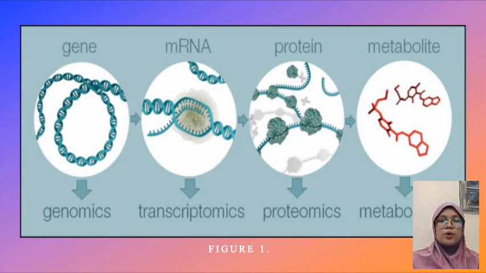Metabolomics is a powerful approach because metabolites and their concentrations, unlike other omics, directly reflect the underlying biochemical activity and state of the cells or tissues. Thus, metabolomics best represents the molecular phenotype.